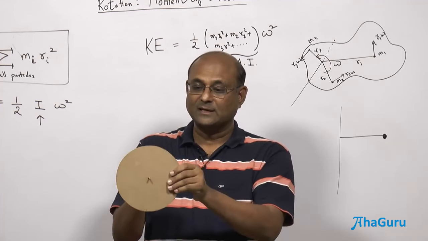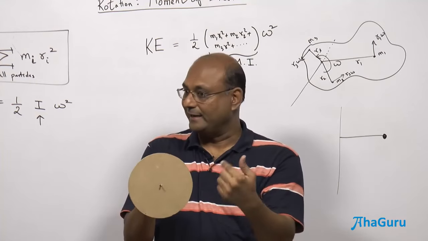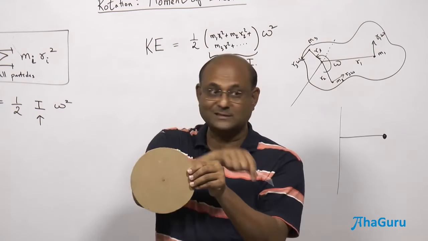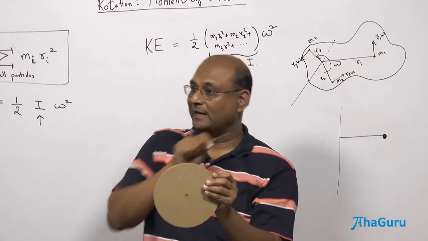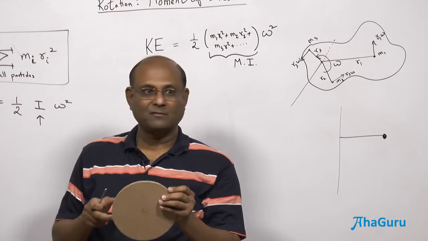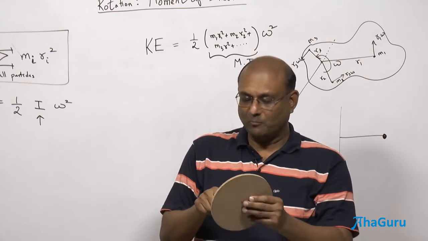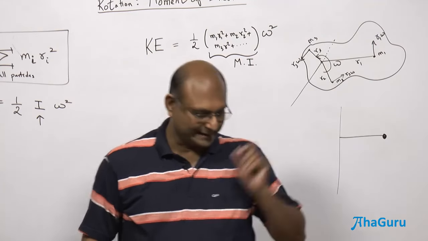About this axis, this fellow is going to have this much velocity, which depends on this radius. But about this axis, this fellow is going to have a lot more radius, so it will have larger velocity, therefore larger kinetic energy, this particle. So anyway, right now all we need to know is moment of inertia depends on the axis of rotation.